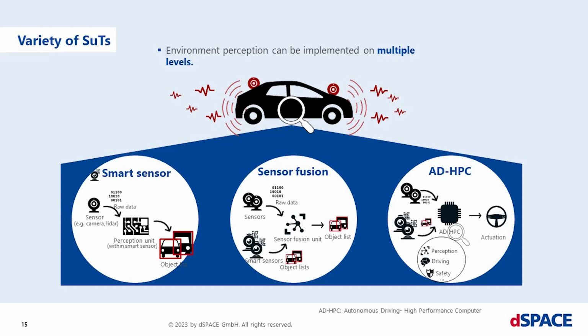HPC can be connected to a variety of sensors via raw data link or vehicle buses and requires a replay system being capable to provide a high number of heterogeneous interfaces and to establish high data throughput connections.